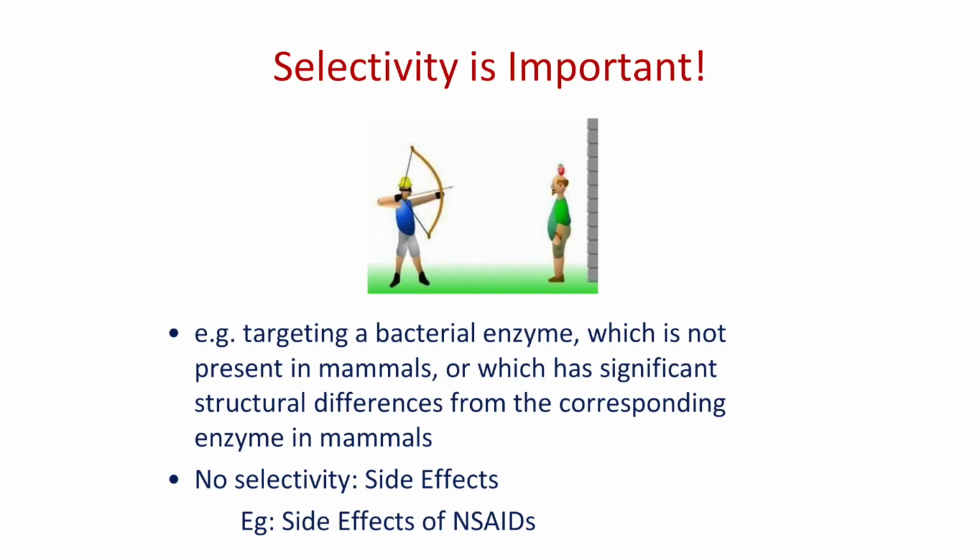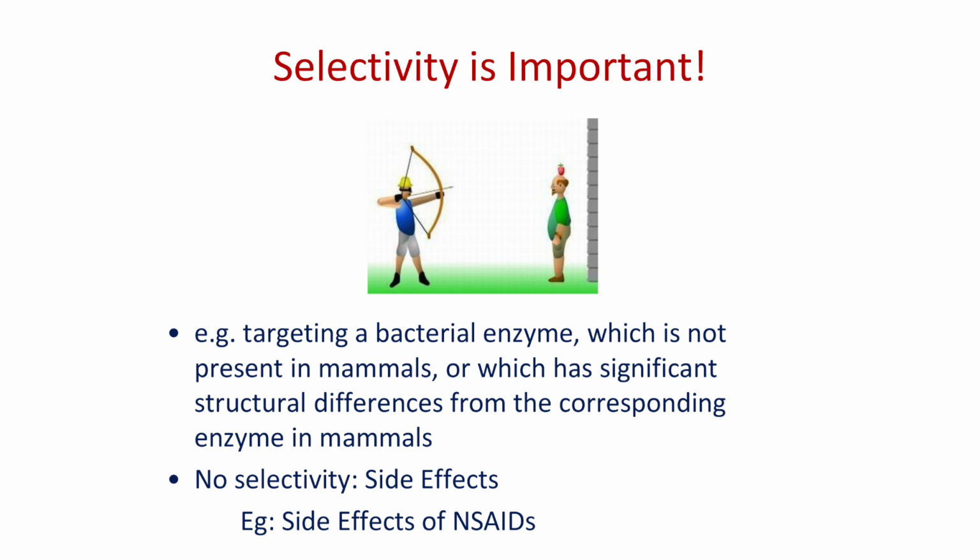Otherwise, if you are not using the right target, then it may lead to all types of side effects. So, as I said, selectivity is important. For example, in infectious diseases, when you are targeting an enzyme, the enzyme specific to the bacterial source is important.